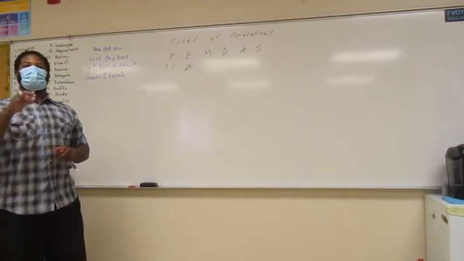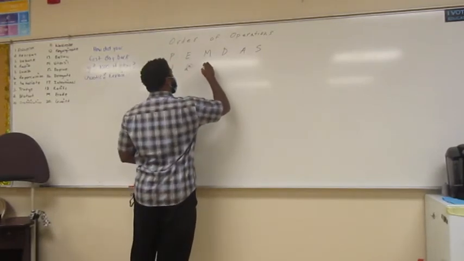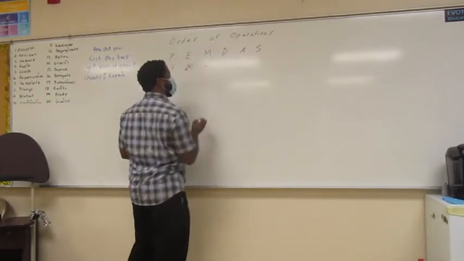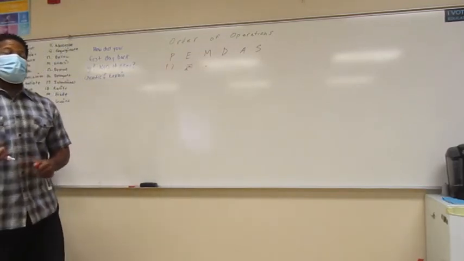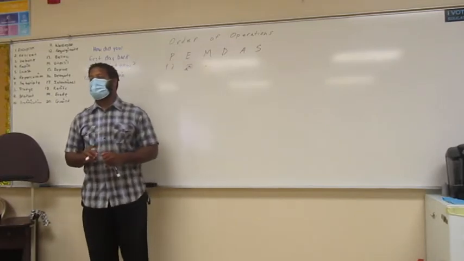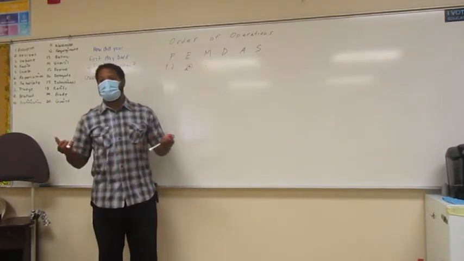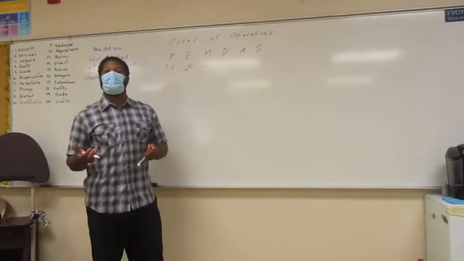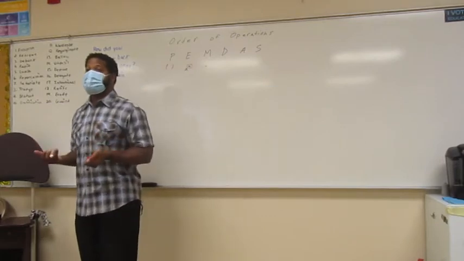M. Multiplication, okay? We are going to make multiplication a dot, okay? You are in Algebra 1 now. No longer will you be using an X, because an X is used as a variable now.